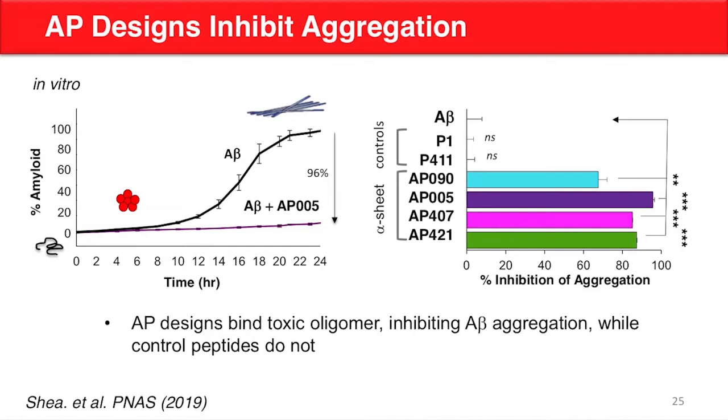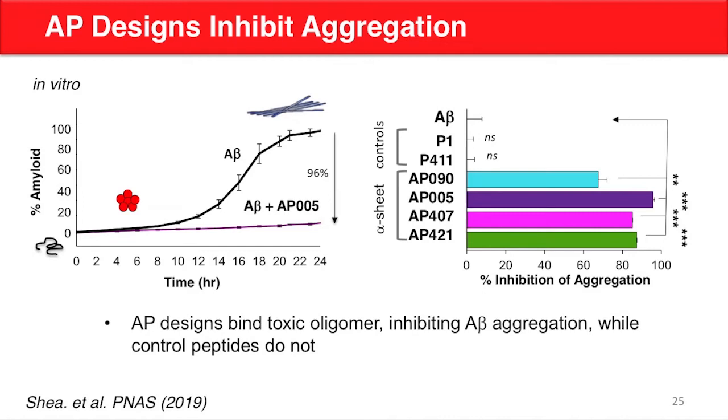So these compounds, we've been able to show that alpha sheet structure is present in the A-beta peptide as it aggregates, and that our compounds neutralize toxicity of that species through complementary binding to it and prevent further aggregation.